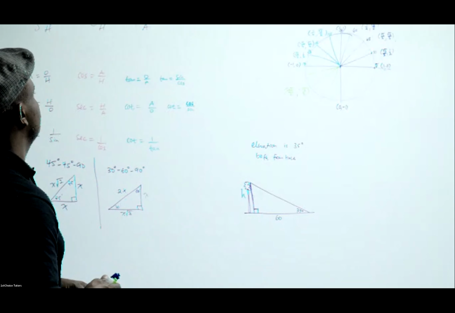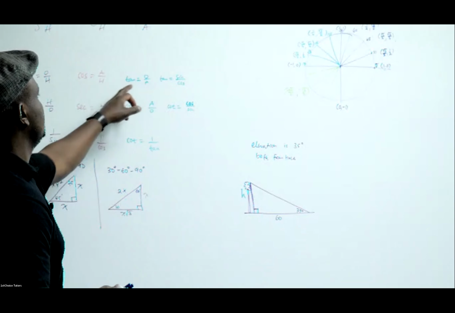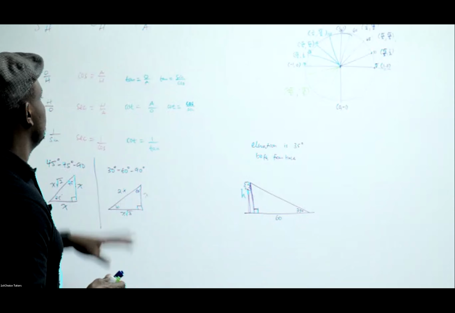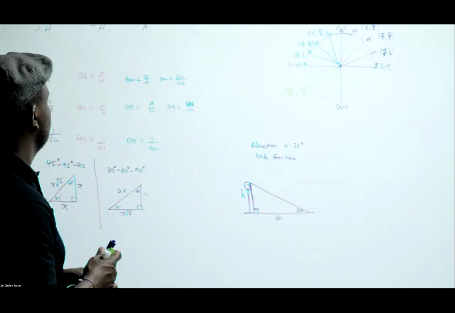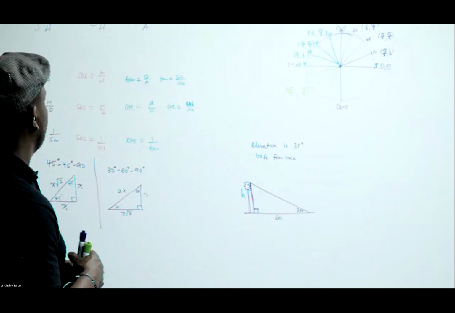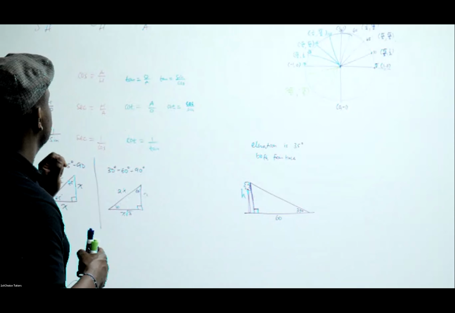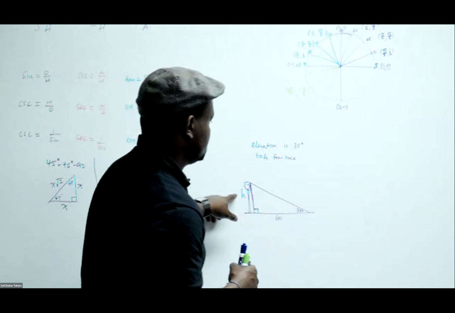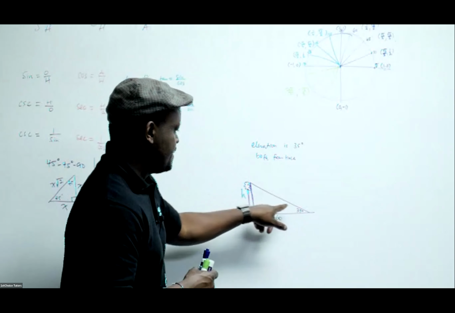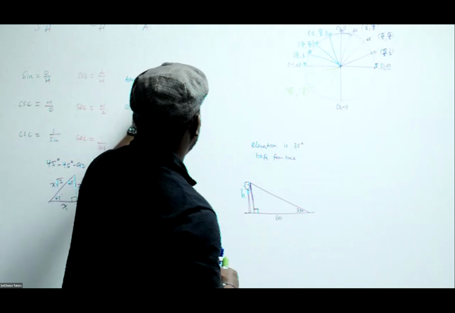SOHCAHTOA. So again, you never use the extra ones. It depends on what you're given. Yeah, you're right, it's tangent. So this is opposite, and this is adjacent. TOA: tangent, opposite over adjacent.